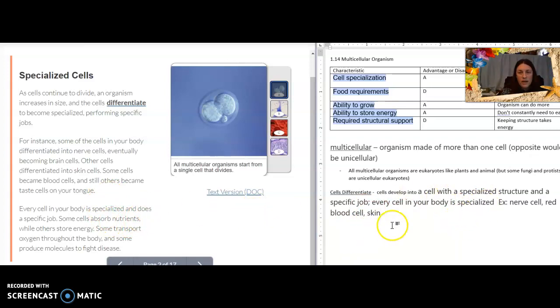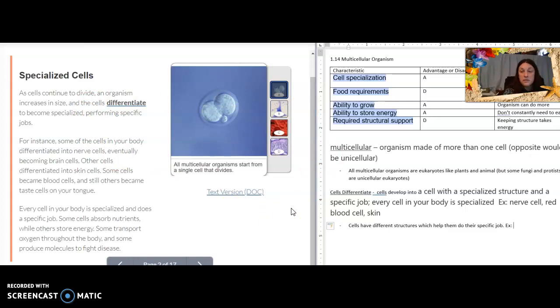Now, part of why they are different, cells have different structures, which help them do their specific job. And then, again, add some examples.